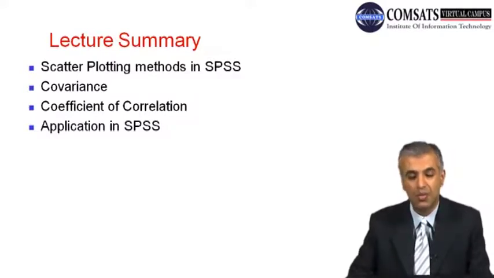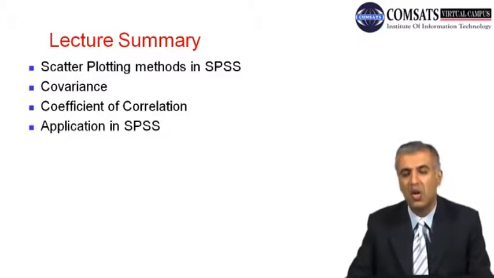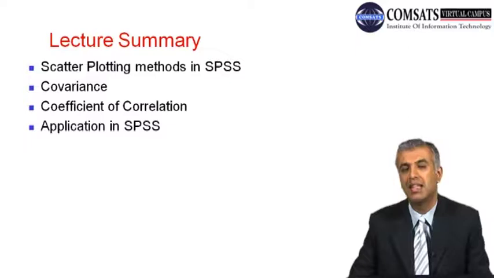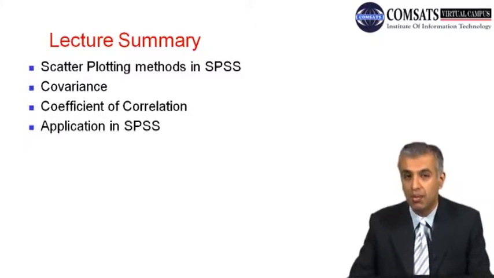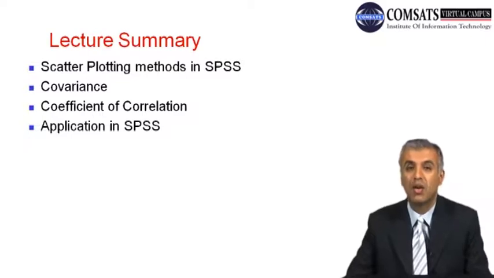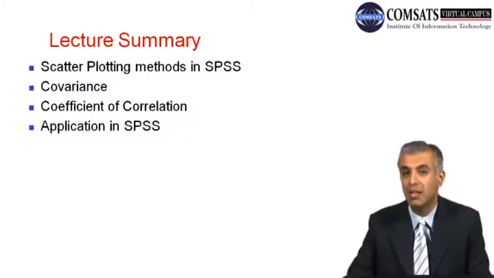So the direction aspect gives this whole debate of relationship a new dimension, and that's why the coefficient of correlation is reported in every analysis which we perform. If we want to find out the relationship between two variables or more than two variables, the coefficient of correlation among all the variables will always be standardly reported.